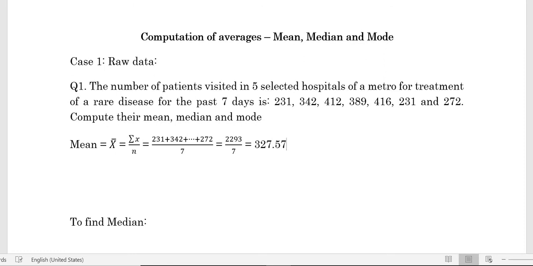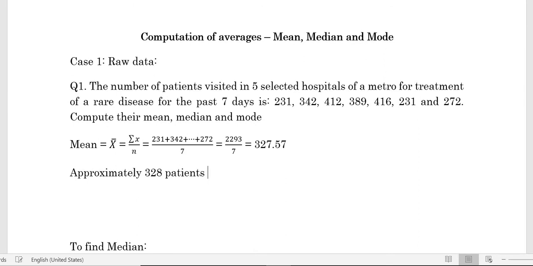Since we are discussing number of patients, we know that it cannot be a fractional value. So we can write approximately 328 patients visited hospital every day during the past week.